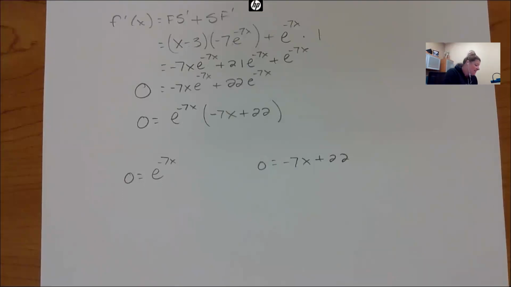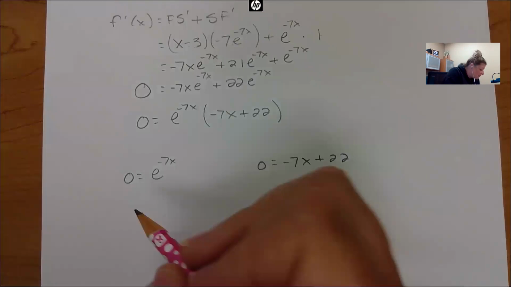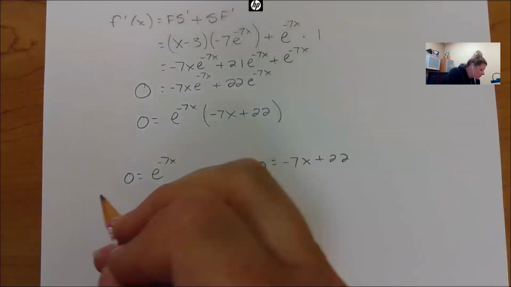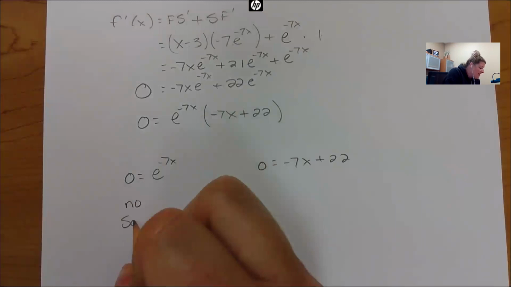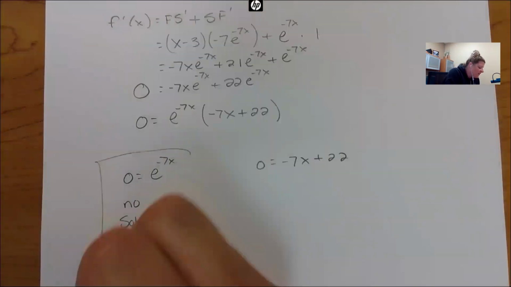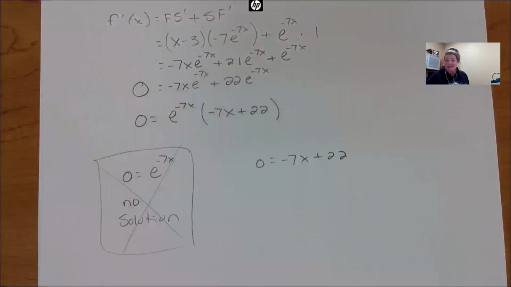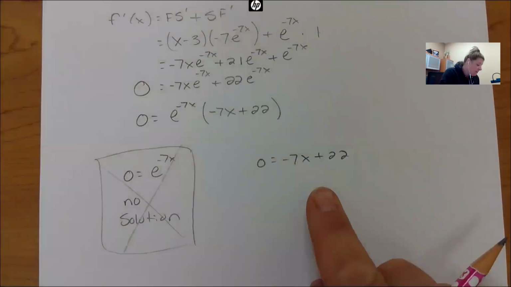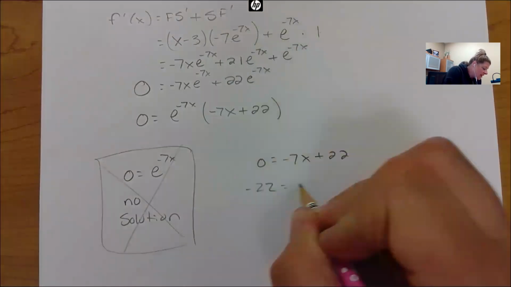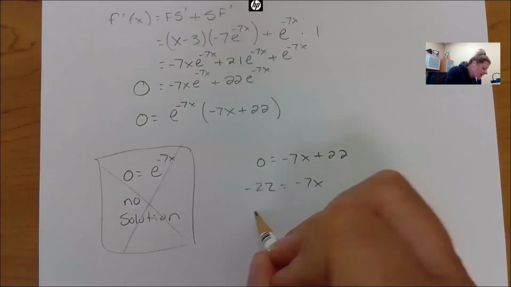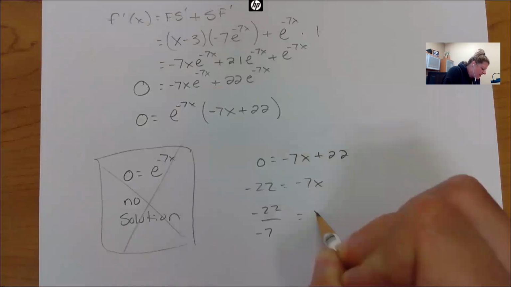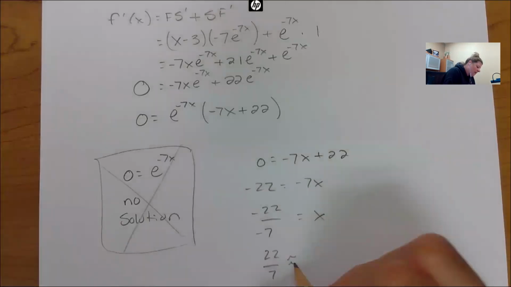So this actually has no solution. So this did not give me a critical value. It's done. Now, can we solve this one? Sure. Minus the 22, divide by the negative 7, and we have 22 sevenths, which is about 3.14.